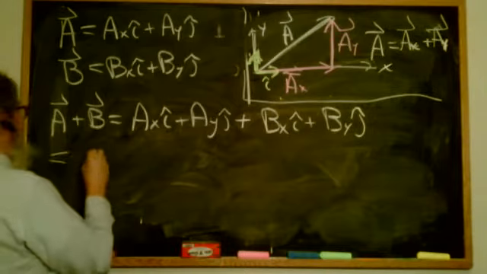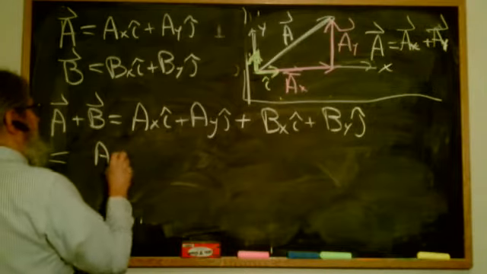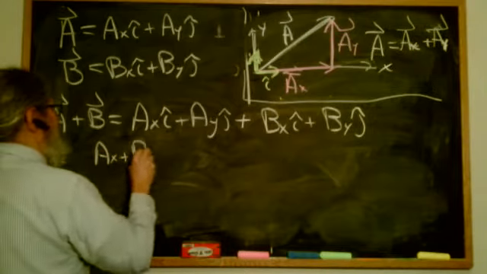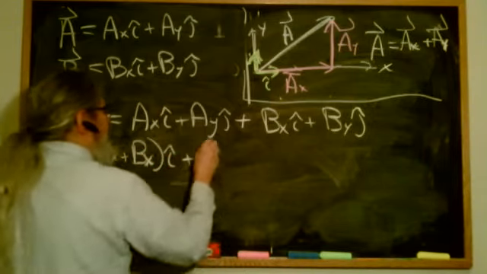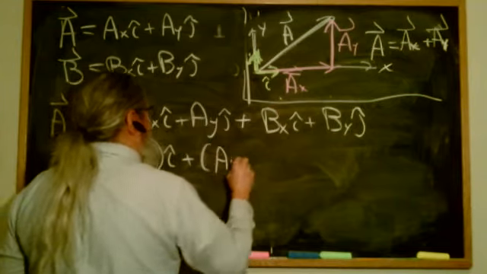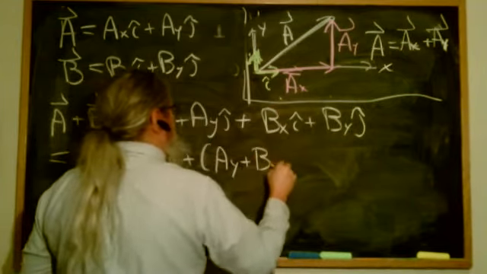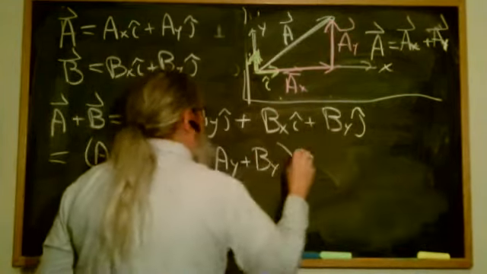So this is equal to A sub x plus B sub x, times i hat, plus A sub y plus B sub y, all collected, times j hat.